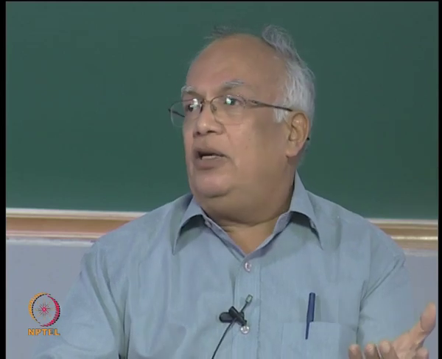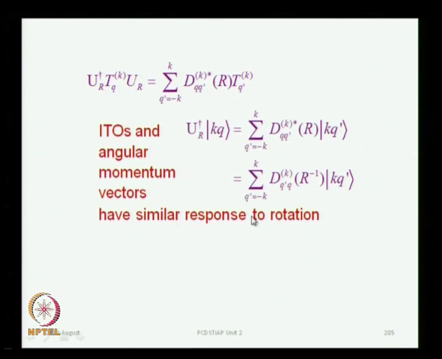This relation over here is for vectors. How do angular momentum vectors respond to rotations? Okay? So, these are two different questions, but the answers are very similar. The response of both to rotations involves the linear superposition of the elements weighted by appropriate Wigner D matrix elements. That is the similarity. So, this is our conclusion, that the irreducible tensor operators and the angular momentum vectors have similar response to rotations.